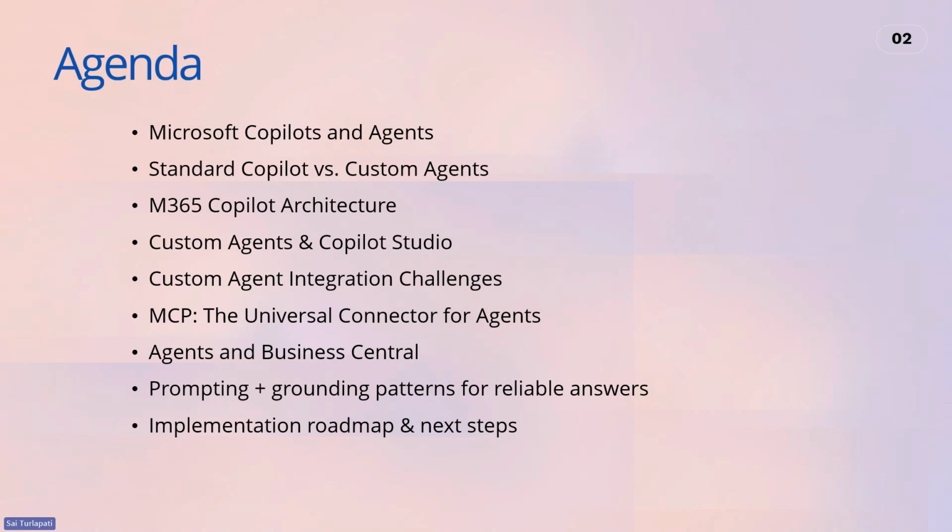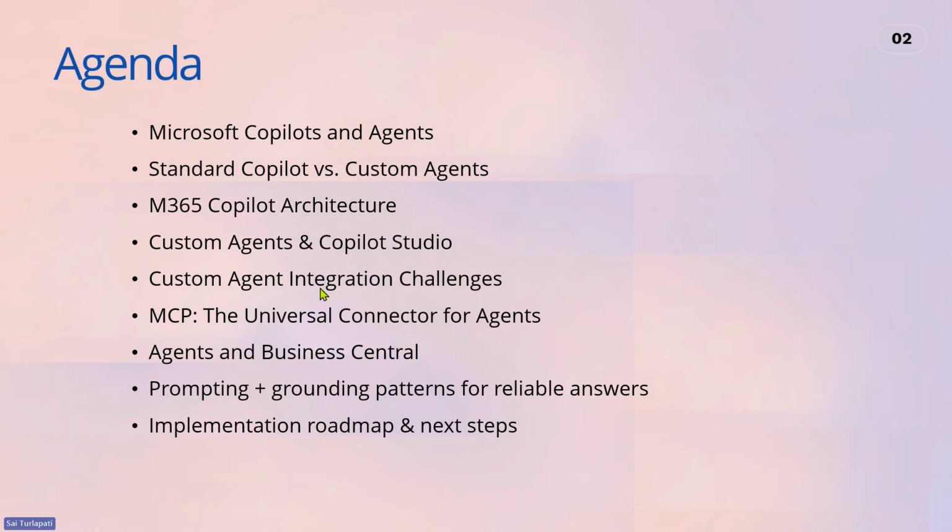And we discuss custom agents and Copilot Studio. In this section, I will talk about how we can create custom agents, not only use the existing Microsoft Copilots and agents. What are the tools or software that Microsoft provides?